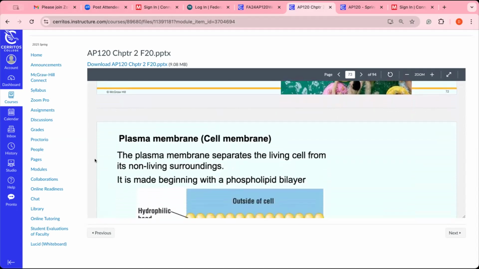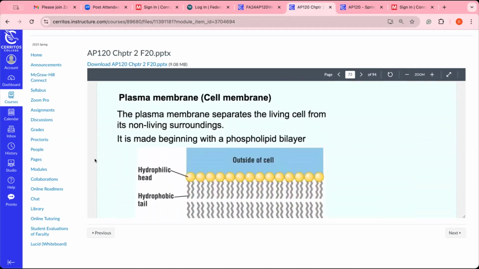Now, we're going to talk more about the cell. The plasma membrane, or the cell membrane, separates the living cell from its non-living surroundings. It is made beginning with a phospholipid layer. It's got a hydrophilic head and a hydrophobic tail.